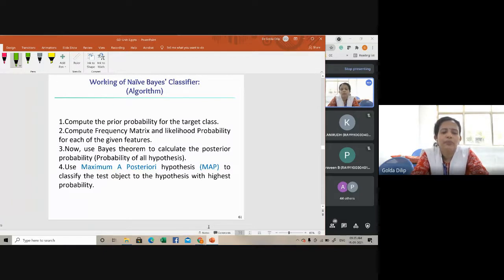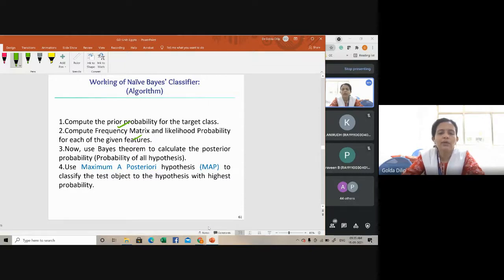So what you basically do is, first you need to compute the prior probability of the target class. Then you compute the frequency matrix and the likelihood probability for each of the given features.